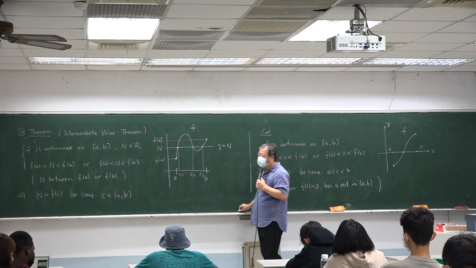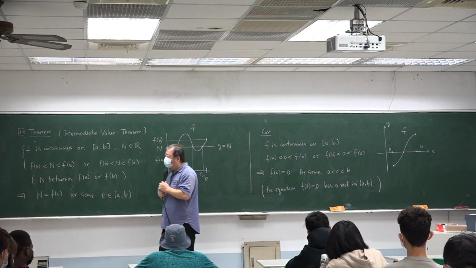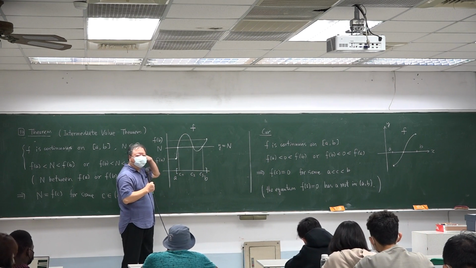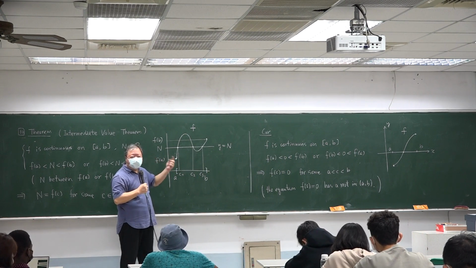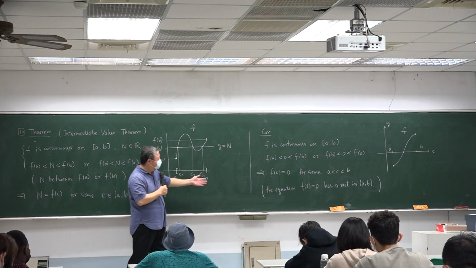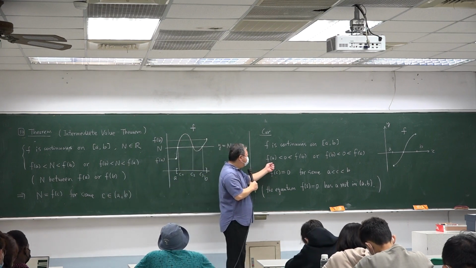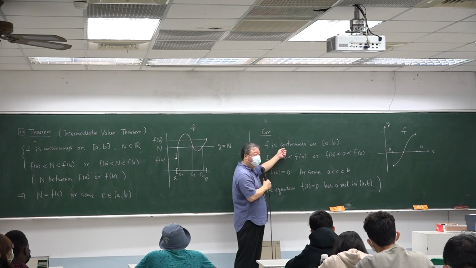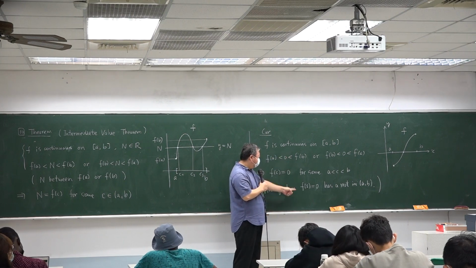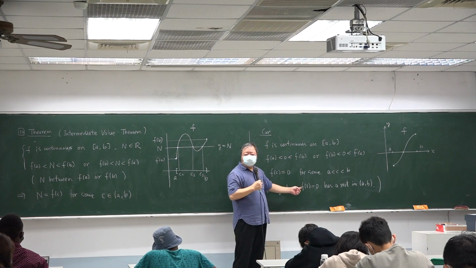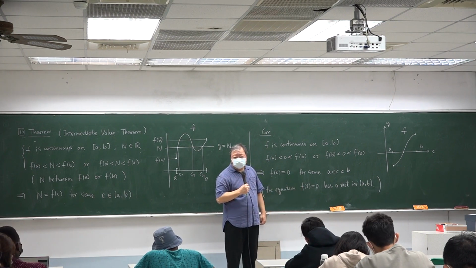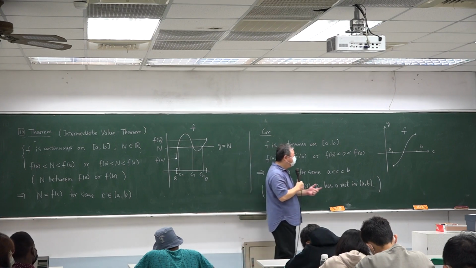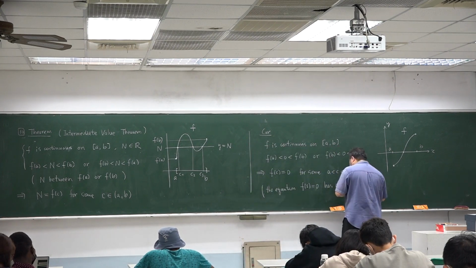So the intermediate value theorem's main power is testing roots. Negative, positive, then under this condition, this function has a solution, and the solution must be inside, or interior to, this interval.